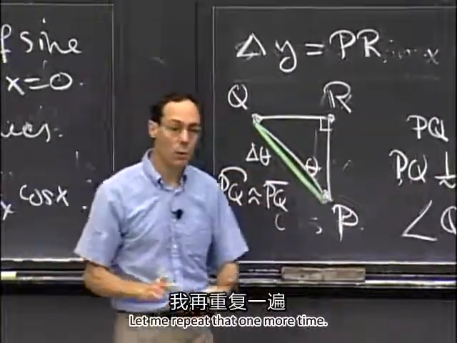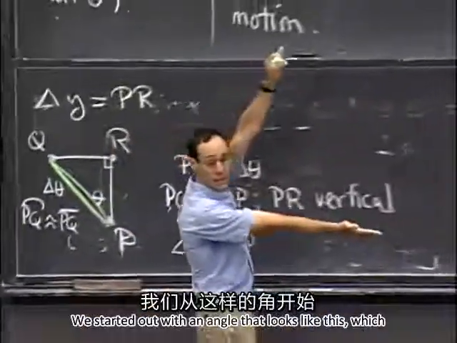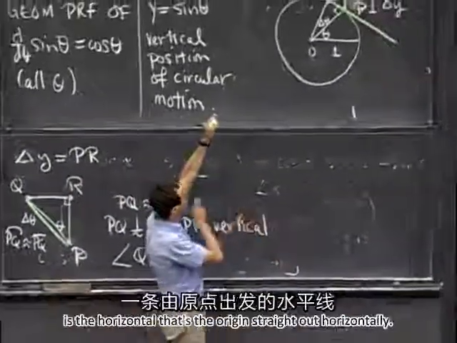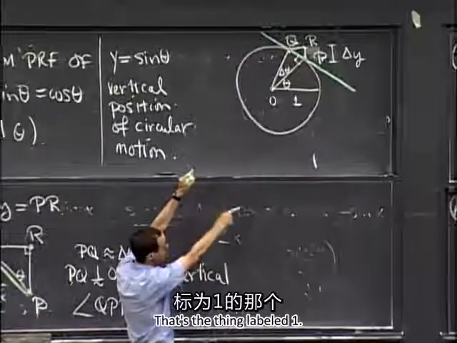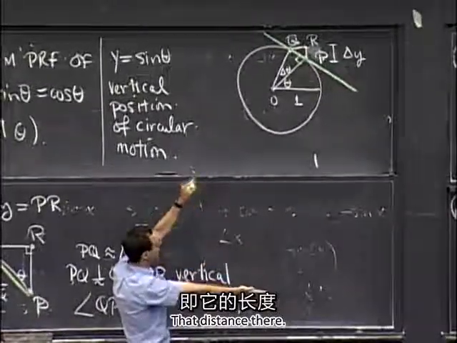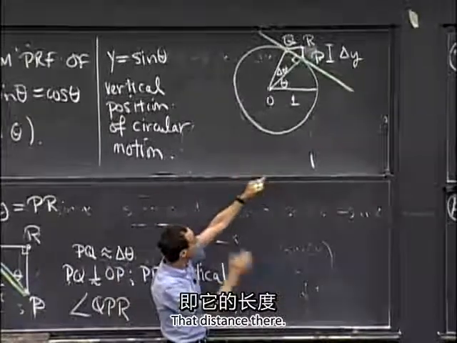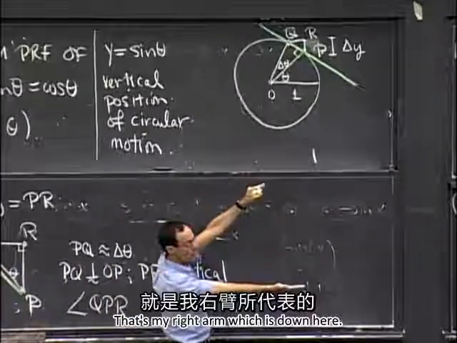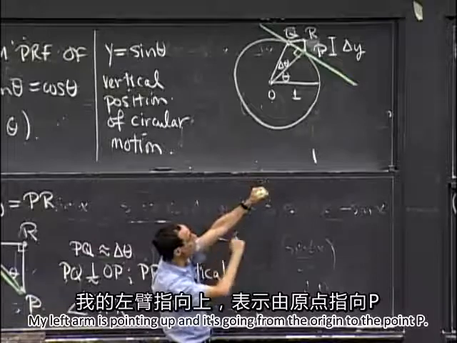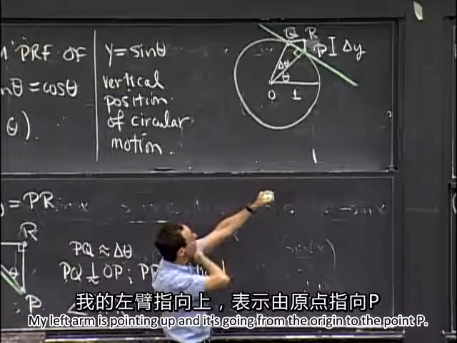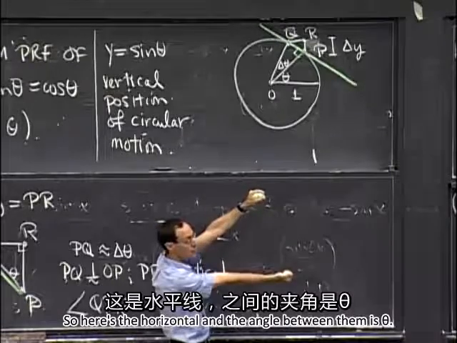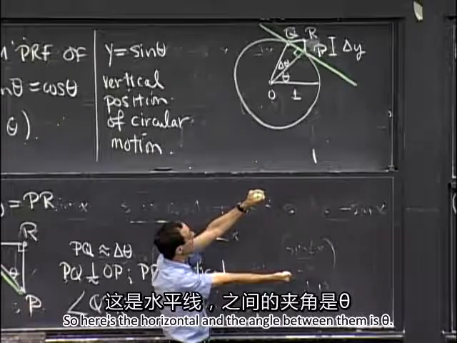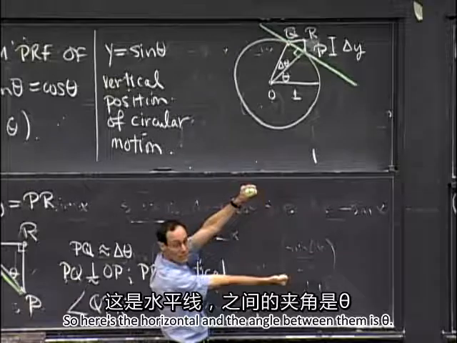Let me repeat that one more time. We started out with an angle that looks like this, which is the horizontal. That's the origin straight out horizontally. That's the thing that's labeled 1, that distance there. And then I also have my right arm, which is down here. My left arm is pointing up, and it's going from the origin to the point P. So here's the horizontal, and the angle between them is theta.